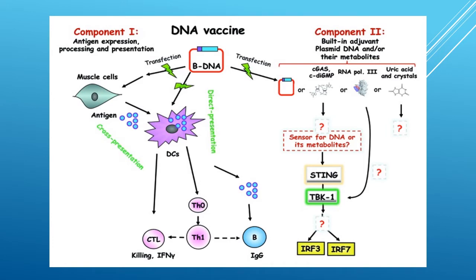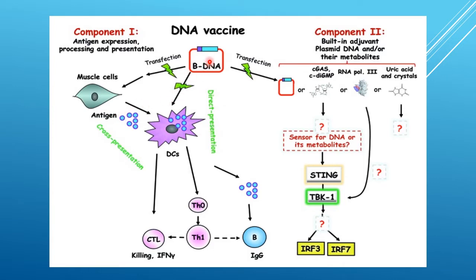So our current understanding is that DNA vaccines induce innate and adaptive immune responses in two ways. The first one is that the DNA plasmid encodes a protein antigen.